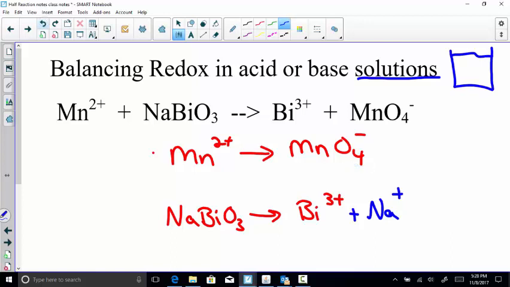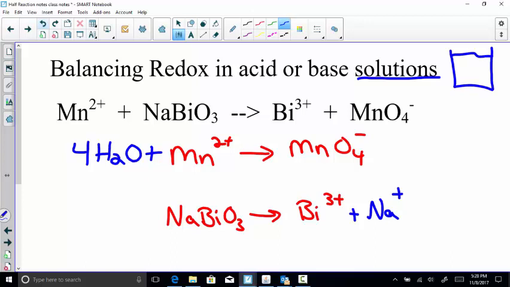So I have to add H2O to this side. I have 4 oxygens, so I need 4 H2Os. Now my oxygens are balanced.